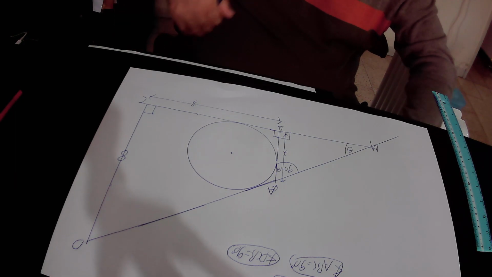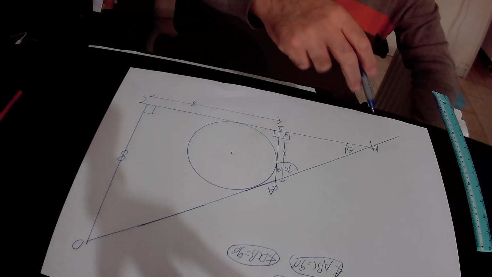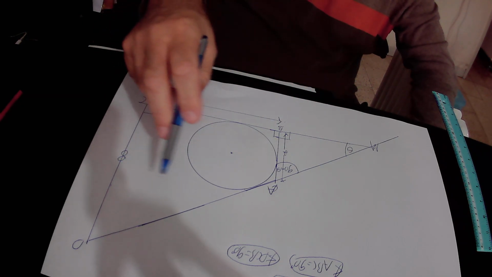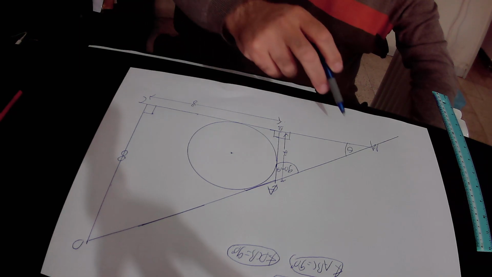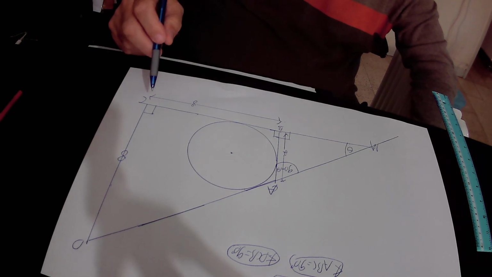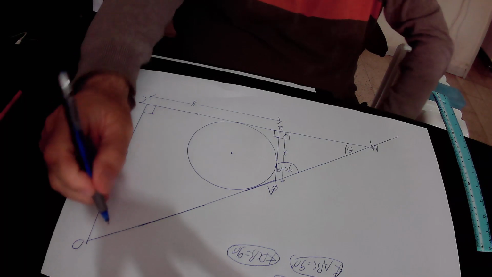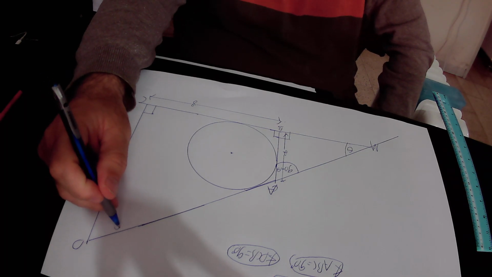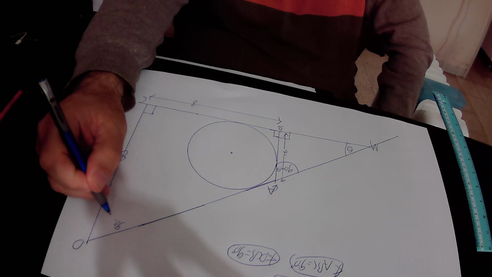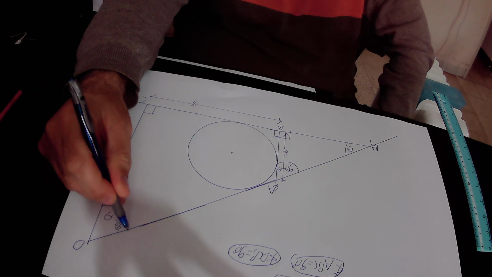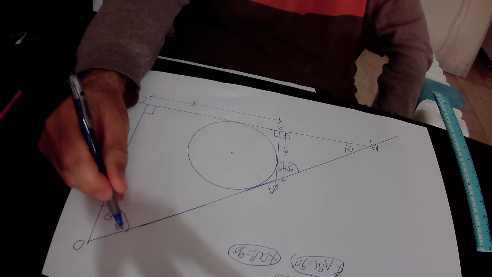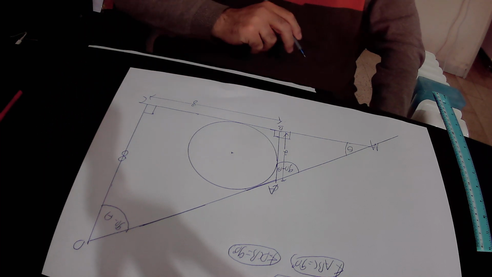In the next step we focus on the big right triangle DMC. In this big right triangle DMC, this angle equals theta, this angle equals 90 degrees. Therefore the missing angle here must be equal to 90 degrees minus theta, exactly like this triangle.